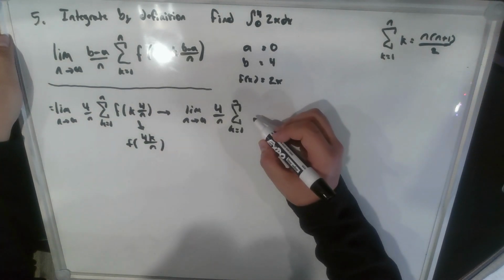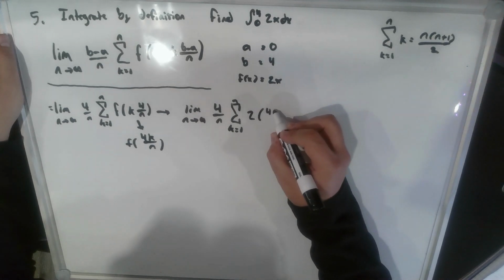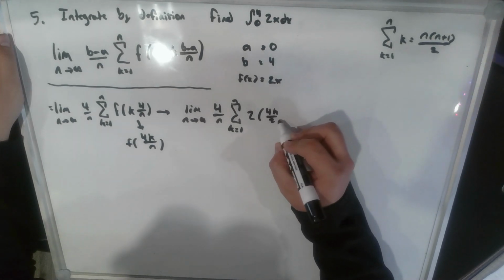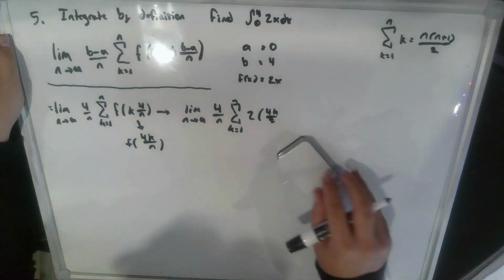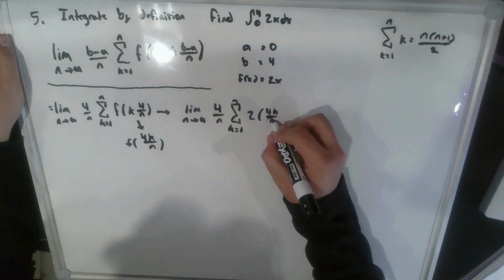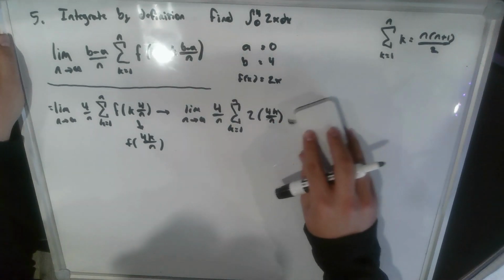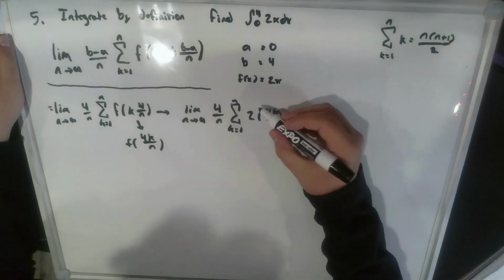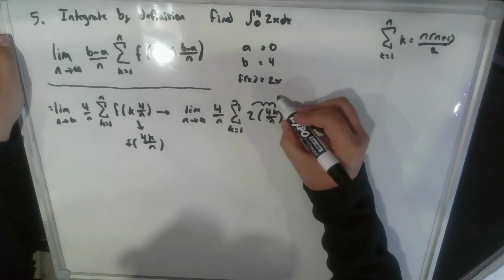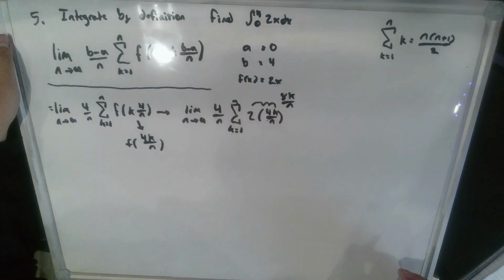When you plug that in using f of x, it becomes 2 times 4k over n, which becomes 8k over n.